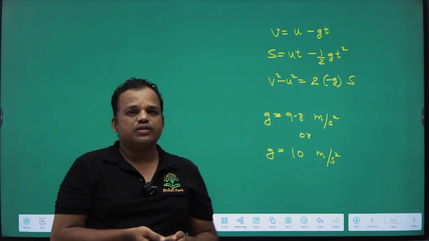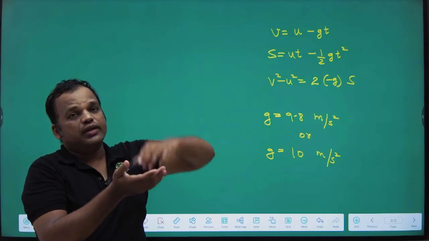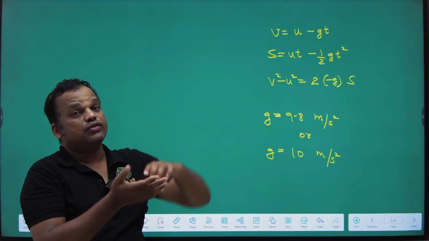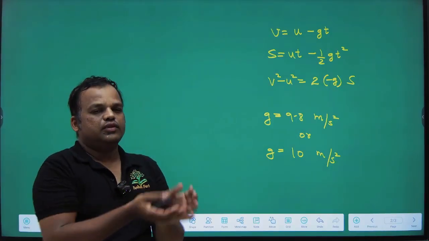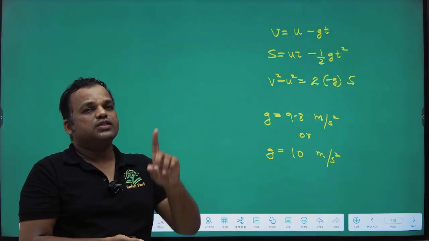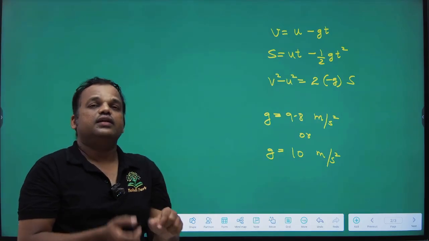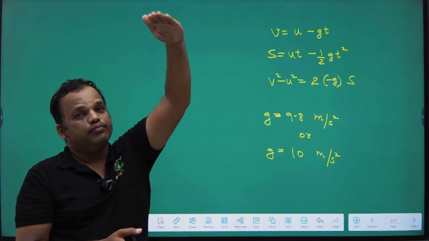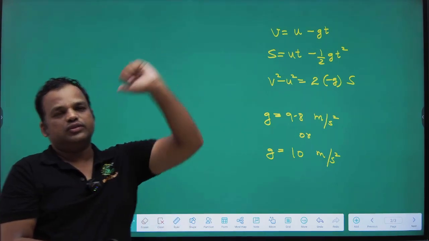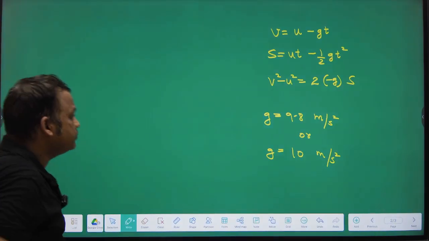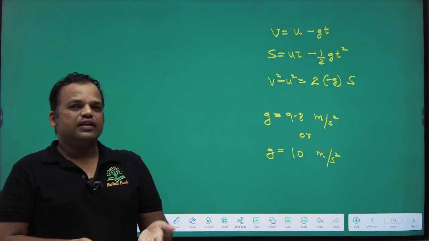One more thing you observe, when it is going up, the velocity is decreasing, and when it is coming down, the velocity is increasing. And at the topmost point velocity is 0. So let's consider its upward motion.